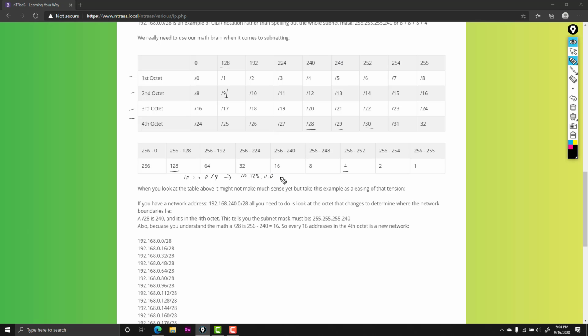These are the only 2 networks we're going to have with a /9 in the Class A network range. I know that was super simplified, but I wanted to make it easy and give you a good understanding: where the last bit lands is the octet that changes based on our subtraction. Every 32, every 16, every 8, 4, 2, 1, 64, 128.